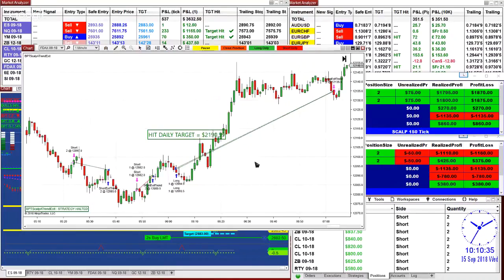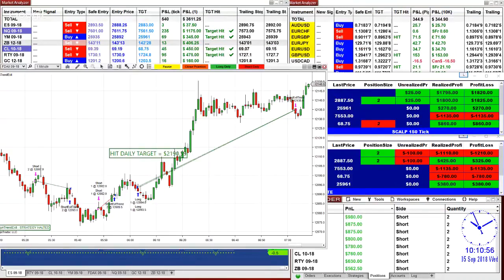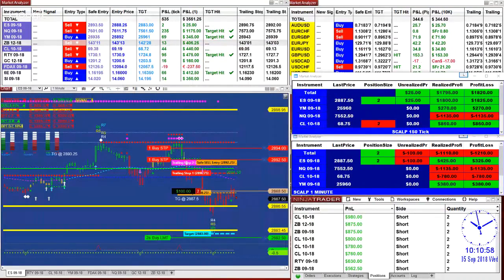So let's say you put $1,000 as a daily target, and you hit 2,000 on Monday or Tuesday. In my opinion, you should stop trading the DAX and try to turn around when the markets open in the US, turn around on the NASDAQ.